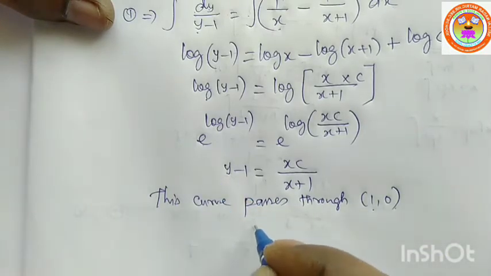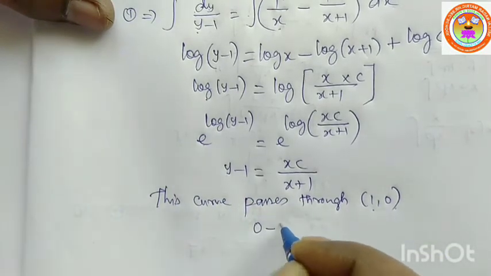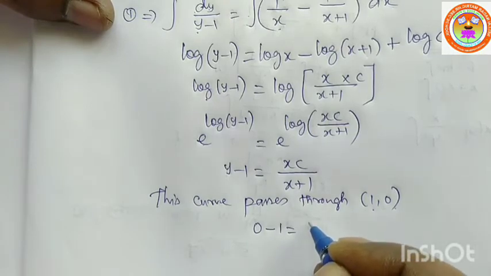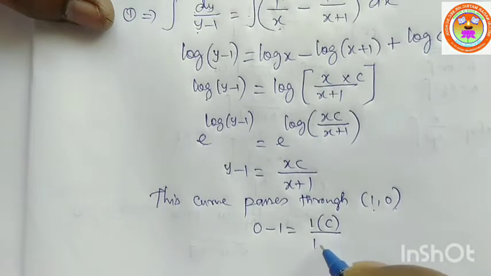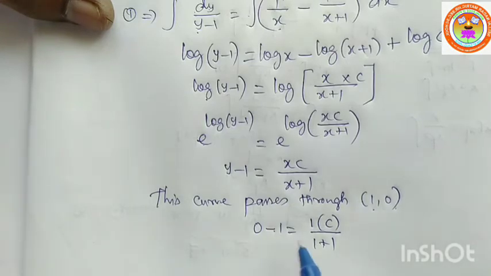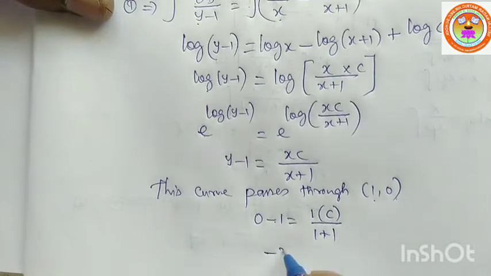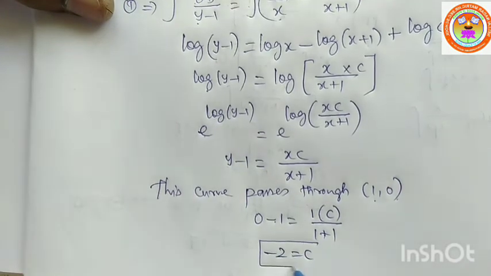So it will become 0 minus 1 is equal to, x is 1, right? So 1 into c by 1 plus 1. 1 plus 1 is 2. When we cross multiply, it will become minus 2, because we already have one minus. So minus 2 is equal to c.